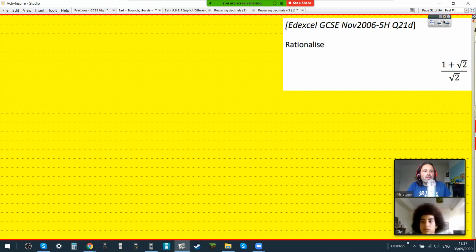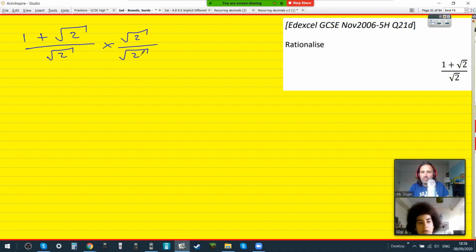And I thought, okay, exam question. Let's try this. 1 plus root 2 over root 2. So times all by root 2. So it would be 1 root 2 plus 2 over 2. And what is this plus?